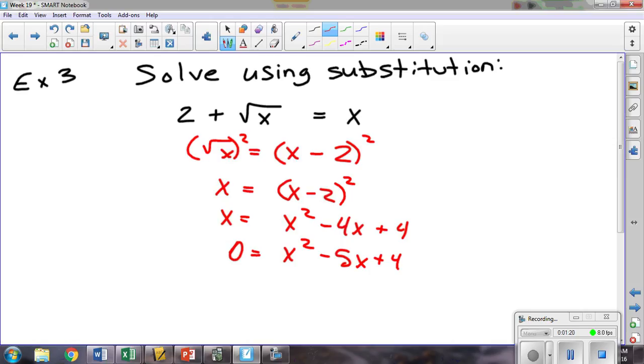Well, instead of using the quadratic formula for this one, I would look at two numbers that multiply to positive 4, but those two numbers sum to negative 5. Negative 1 and negative 4 comes to mind, so this would factor to give us x minus 1 and x minus 4.